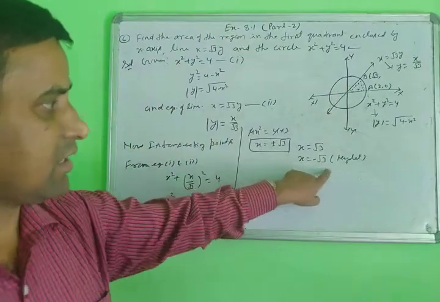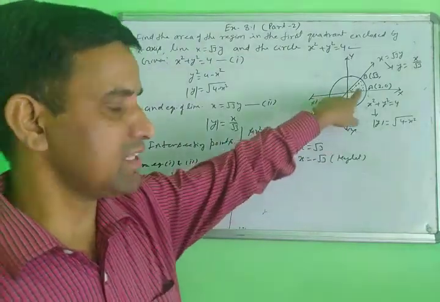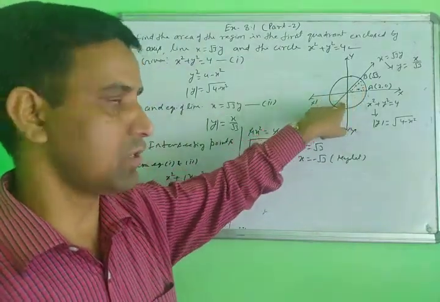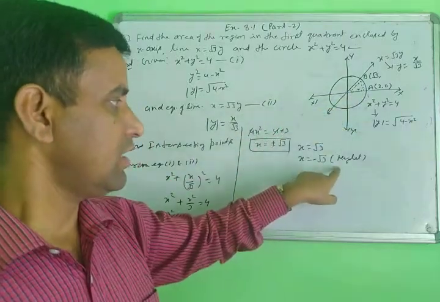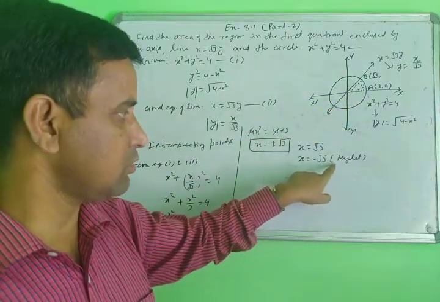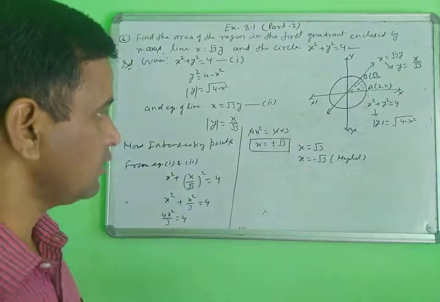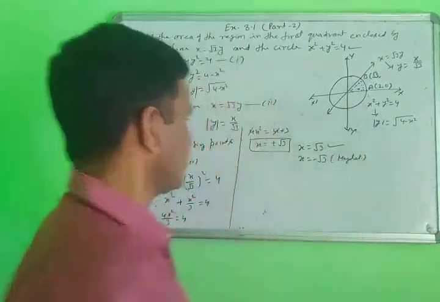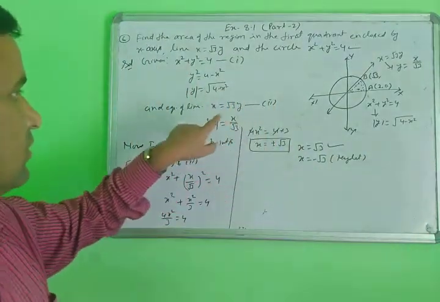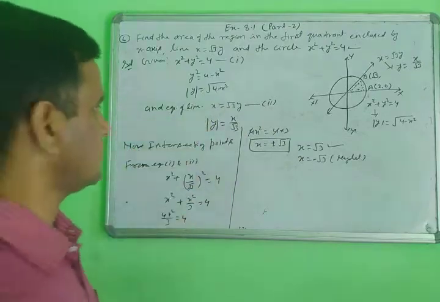Why is it neglected here? Because you are finding the area only in the first quadrant, not the third quadrant. So this will not be used here. You will use this value only.